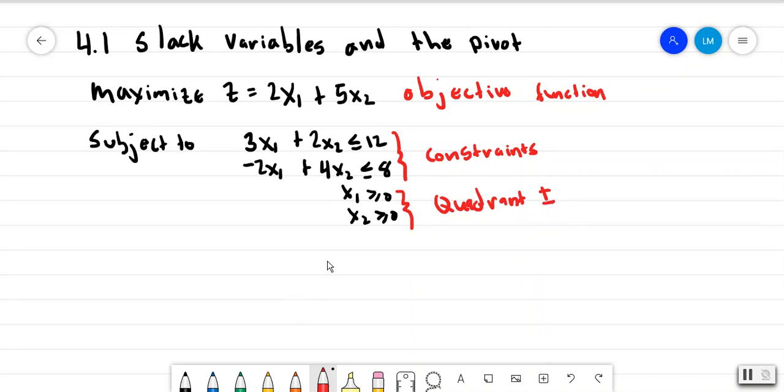Now, whenever we try to maximize an objective function using a set of constraints, we need to make sure that they're in standard maximization form.